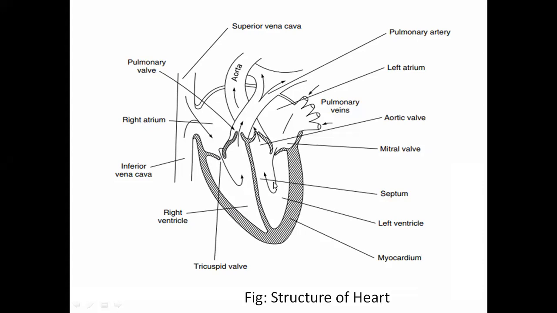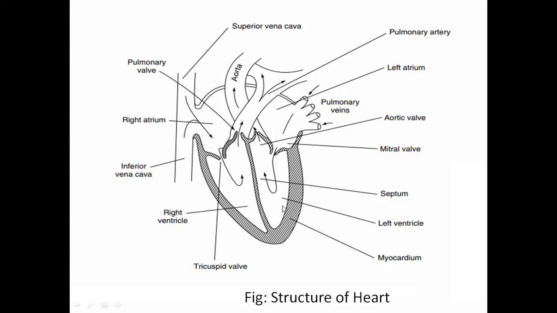Similarly, on the left side we have the left ventricle, and here the left atrium. The right atrium and left atrium combined are called atria, the plural form of atrium.